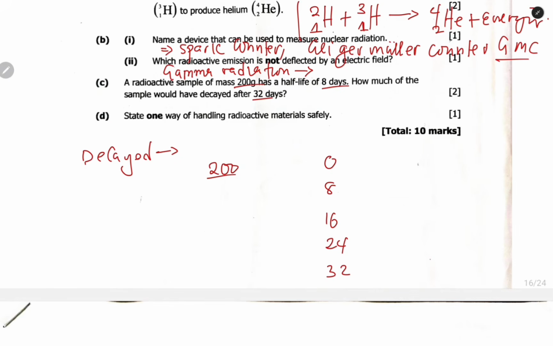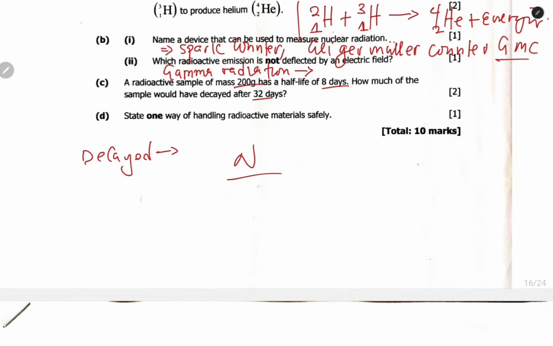Then you look at what mass will remain. At 0 it is 200, then 100, then 50, then 25, then 12.5. So after 32 days, the mass that remains is 12.5. Okay, you can go with this one, but I like calculating.